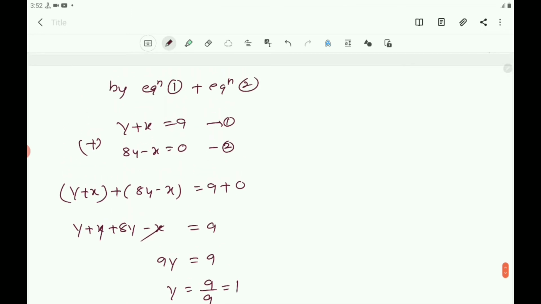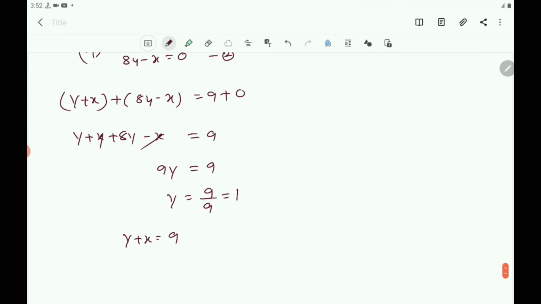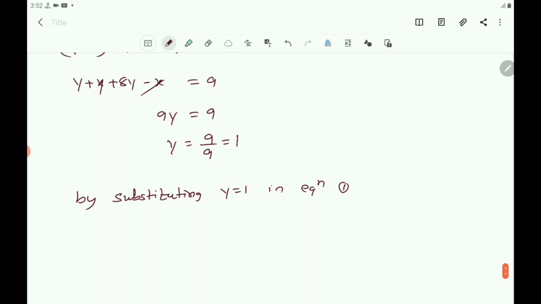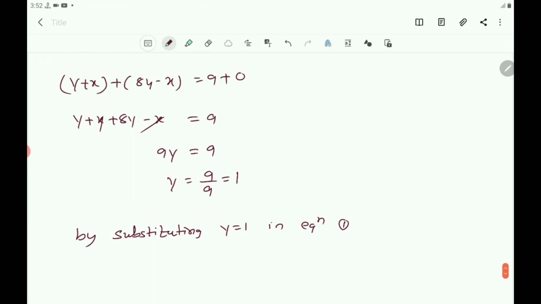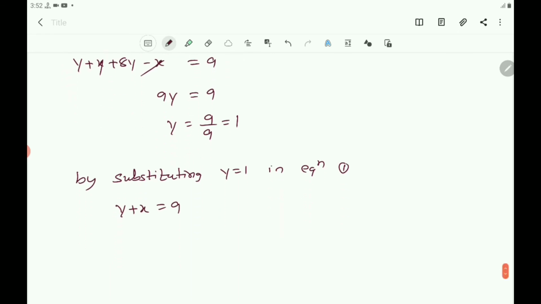Then you get x. Take the first equation, y plus x equals 9. Substituting y equals 1 in equation first, y plus x equals 9 becomes 1 plus x equals 9.